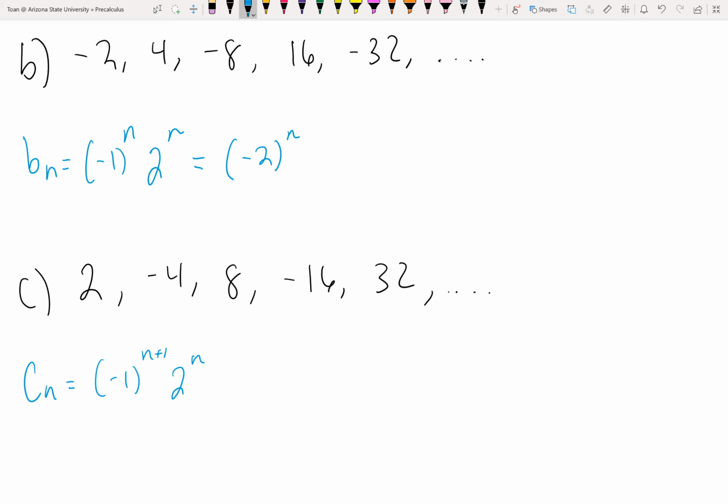So by doing that subtle change, you successfully shifted the negatives over by one term, and this right here will definitely give you this sequence. So just remember that -1 to the nth power will always start off applying that negative. If you want to delay or shift applying that negative by one term, you either -1 or you +1.